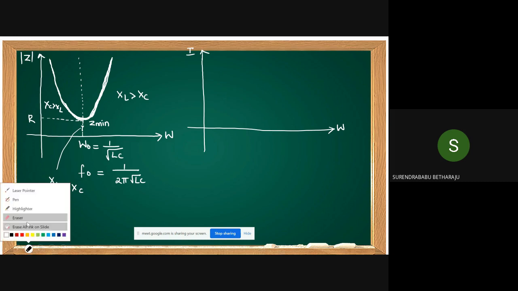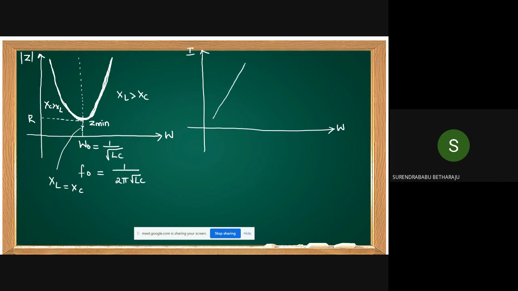But the width of this curve depends on L and C values. This point corresponds to which frequency? The resonating frequency, for omega equal to omega naught equal to 1 by root LC, which is also F naught equal to 1 by 2 pi root LC.